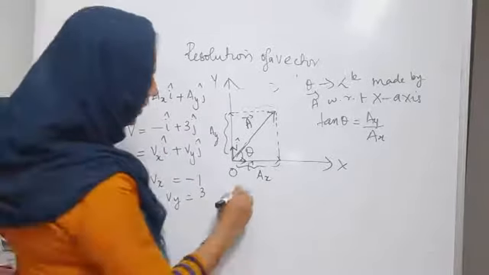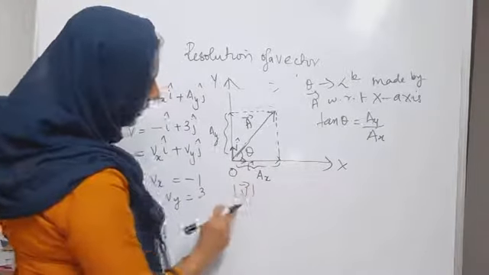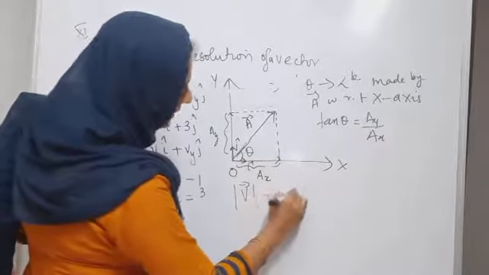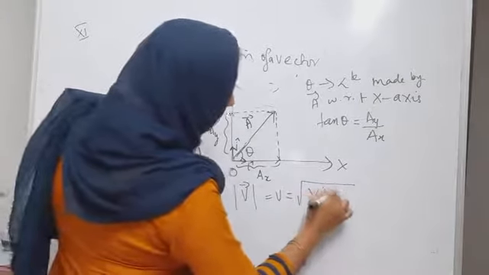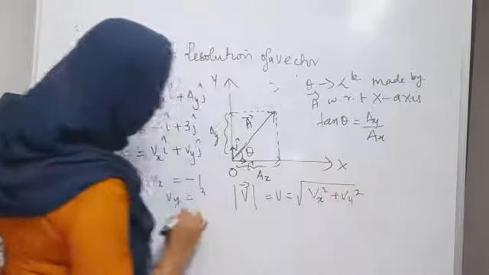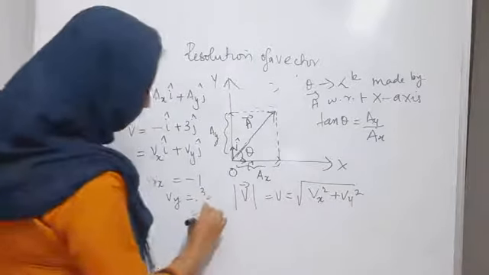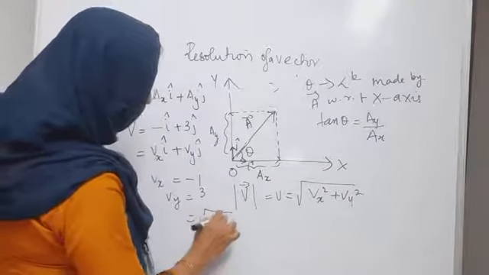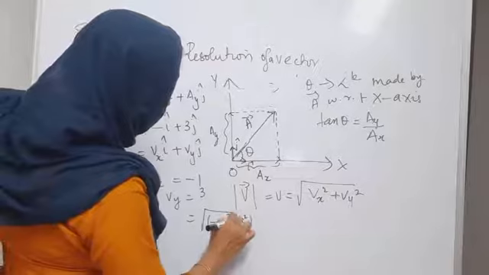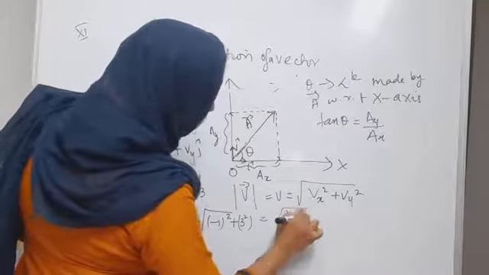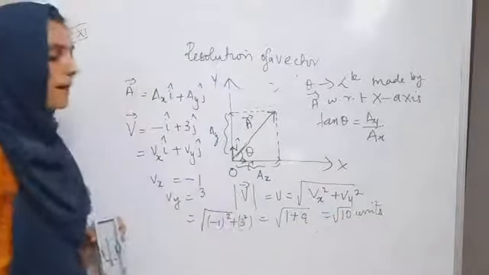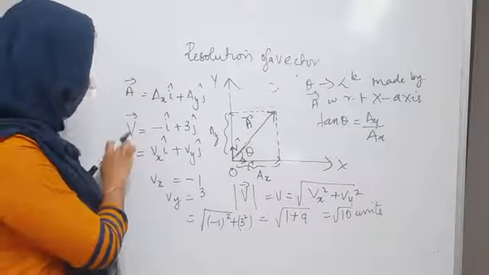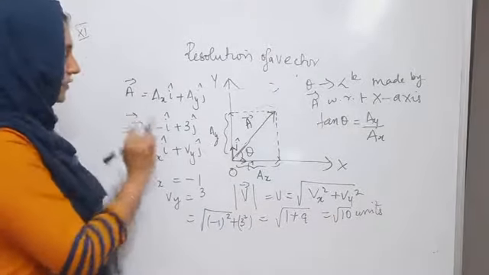So what is the magnitude of V? V is equal to root of Vx square plus Vy square, which is minus 1 square plus 3 square, that is 1 plus 9, which is equal to root 10 units. This is how you find the magnitude of this vector V when Vx and Vy are known.